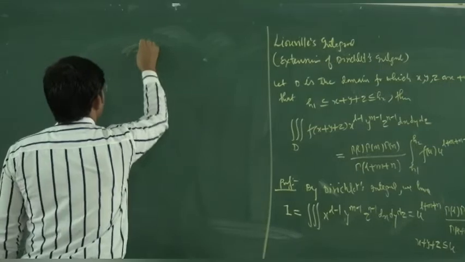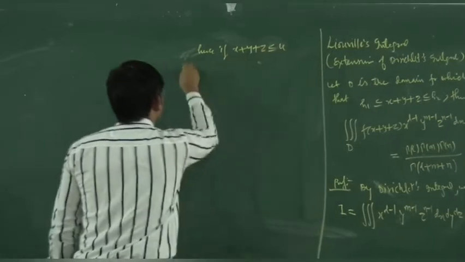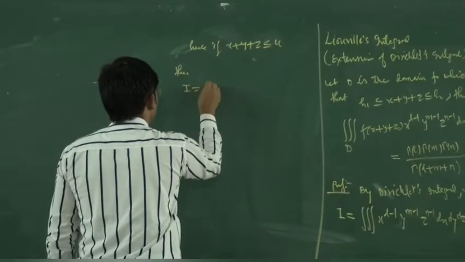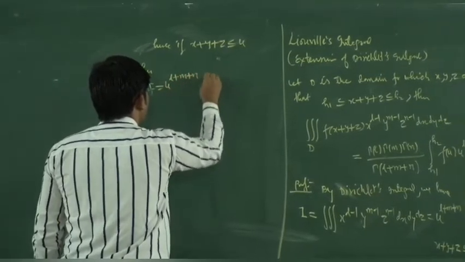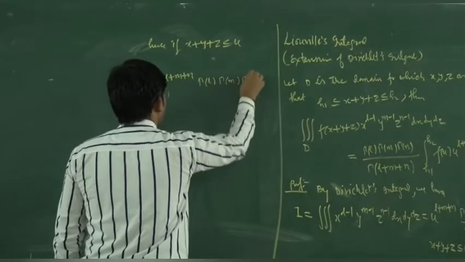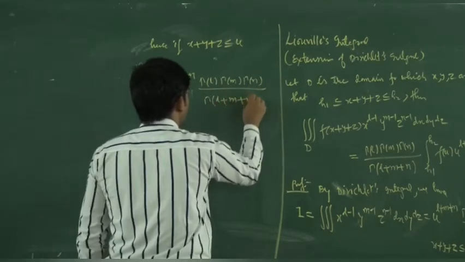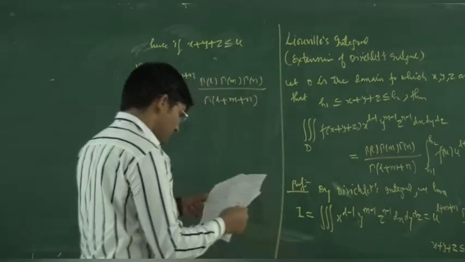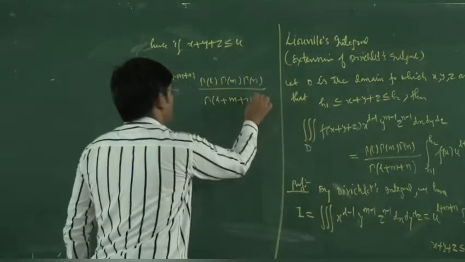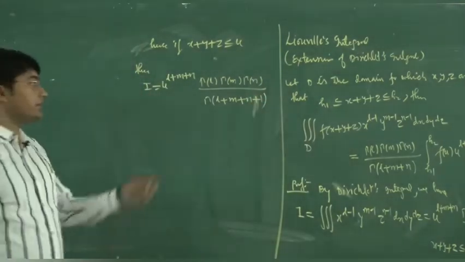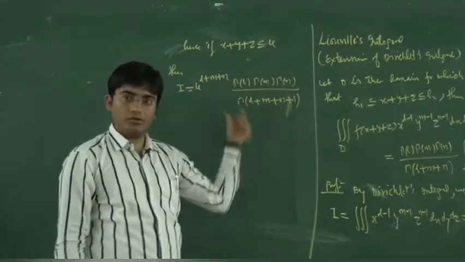So therefore, if x plus y plus z is less than or equal to u, then we have I equal to u power l plus m plus n into gamma l, gamma m, gamma n divided by gamma l plus m plus n plus 1. This was proved in our Dirichlet integral, and if you put u equal to 1, the rest part was the Dirichlet integral.